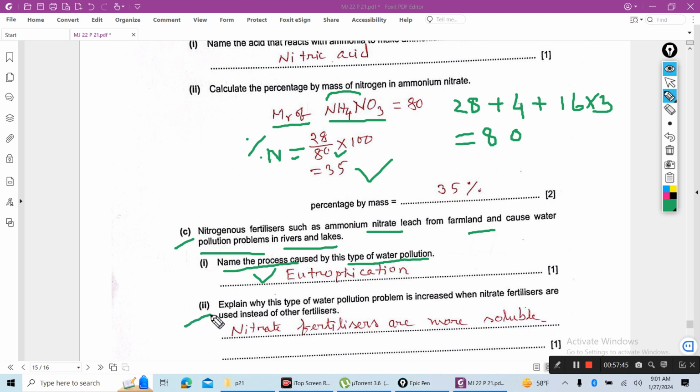And number 2, explain why this type of water pollution problem is increased when nitrate fertilizers are used instead of other fertilizers. Because nitrate fertilizers are more soluble than other fertilizers.